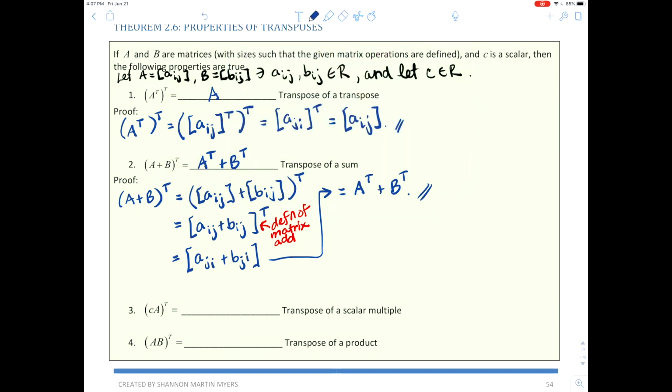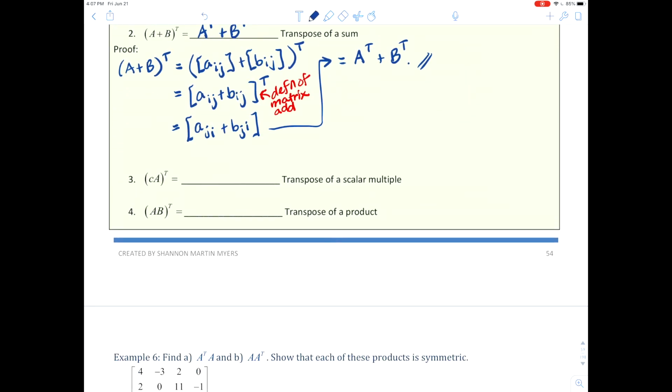Okay, so next up, it turns out that if you have the quantity a scalar times a matrix and then you transpose that, you get the scalar times A transpose.